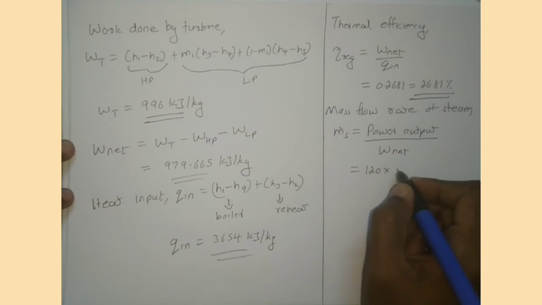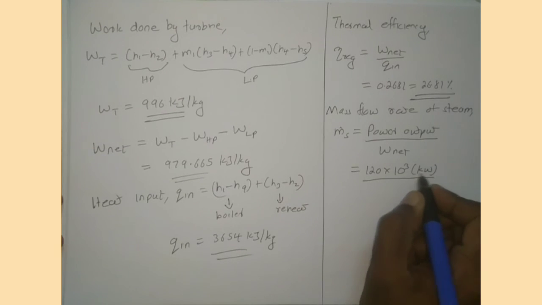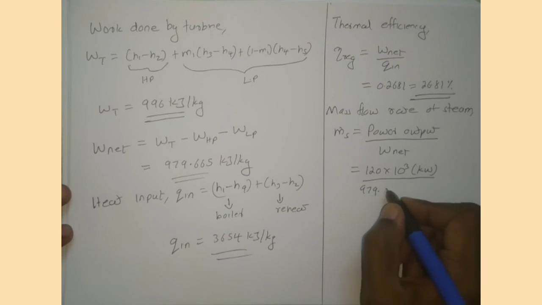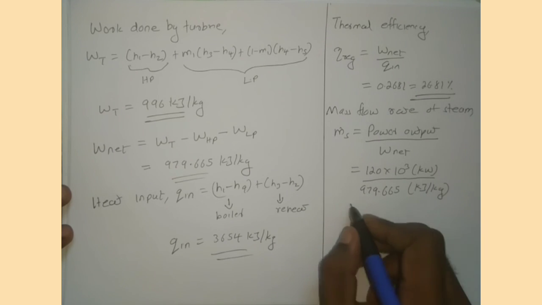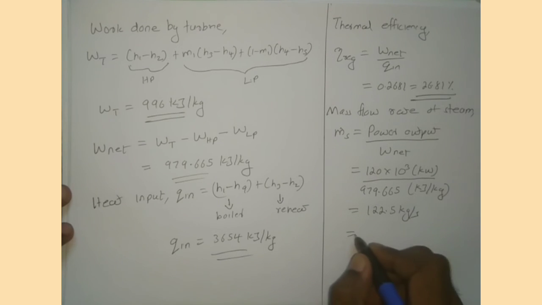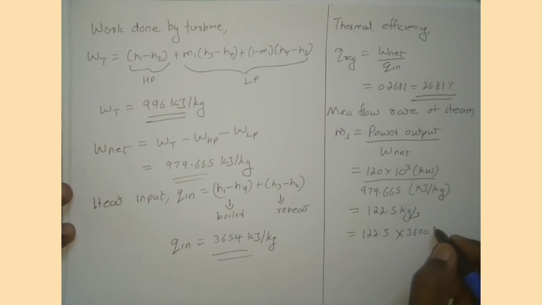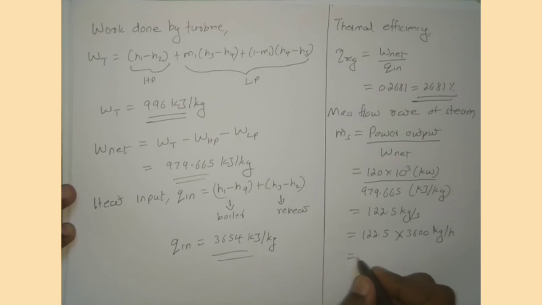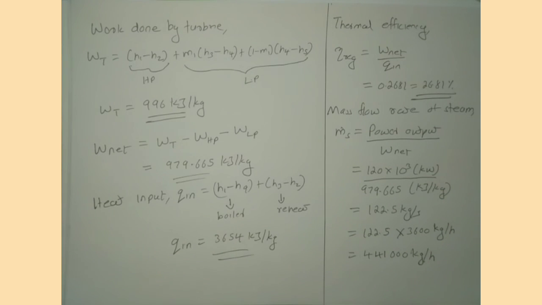Power output is given, it is 120 megawatt, and after substituting the values, we will get mass flow rate of steam, that is m dot s equals 122.5 kg per second. That is 122.5 into 3600 kg per hour, that is 4,41,000 kg per hour.